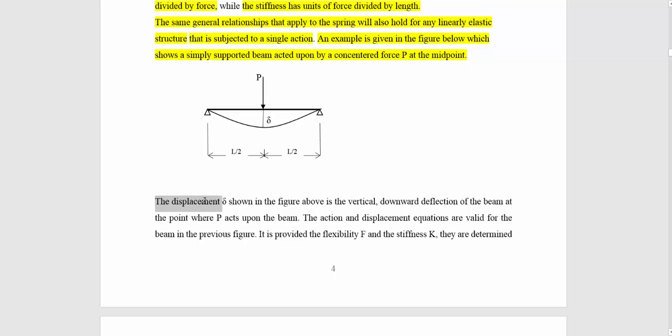The displacement delta shown in the figure above is the vertical downward deflection of the beam at the point where P acts upon the beam.